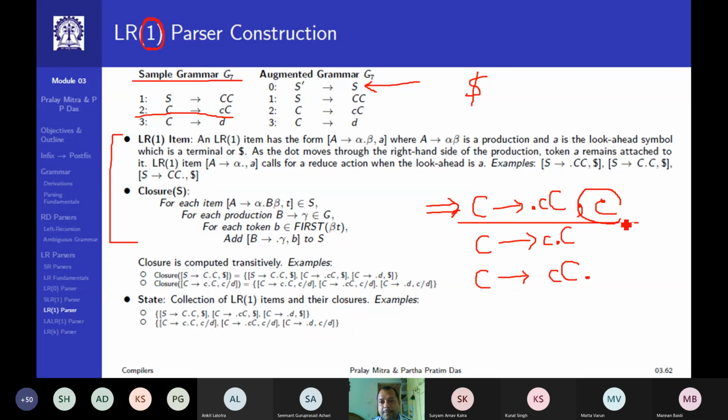So this extra part is my lookahead, and since I mentioned LR(1), the lookahead is 1. Only one terminal symbol will be in my lookahead.